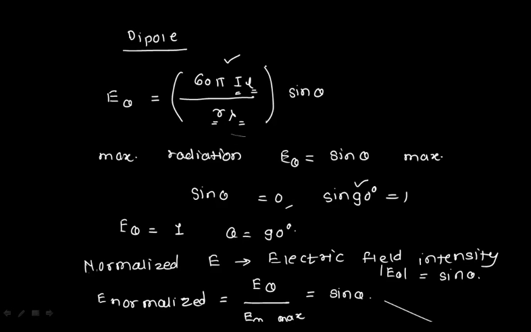If I'm interested in drawing the pattern for this antenna, I know that the E theta value will be sine of theta. So I'll draw E normalized, En, for different values of theta. Sine of 0 will be 0.